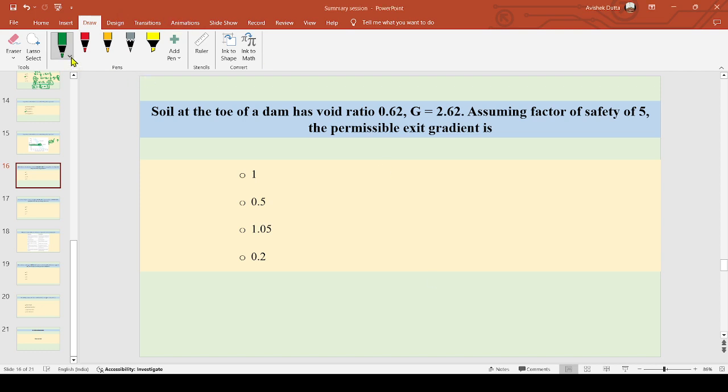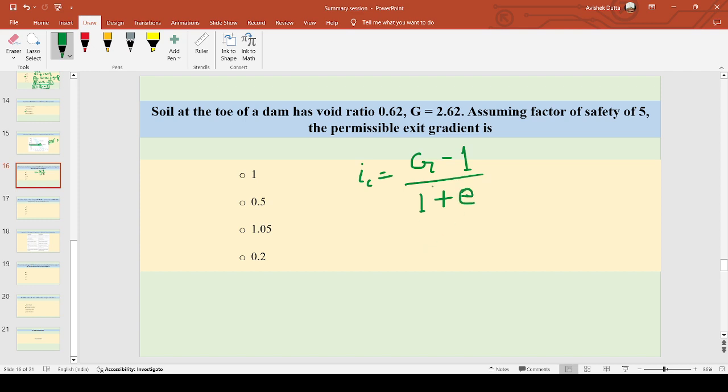Okay, so how do you solve this sum? We know that the formula for the critical exit gradient i_c equals (G minus 1) divided by (1 plus e).